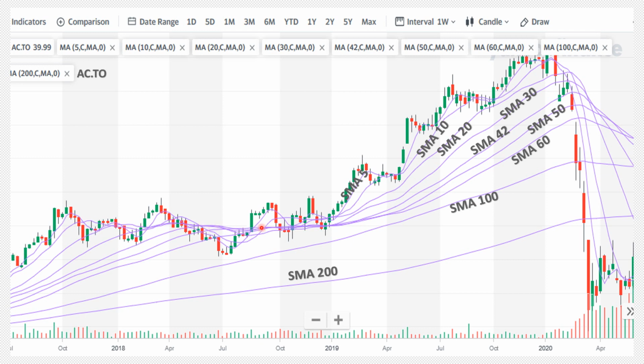This is the price chart that you see, and I installed 200, 100, 60, 50, 42, 30, 20, 10, and 5 days of moving average. So we see as the period becomes bigger, the distance between moving average and the price chart becomes bigger. This is the behavior of the 1 week time frame.